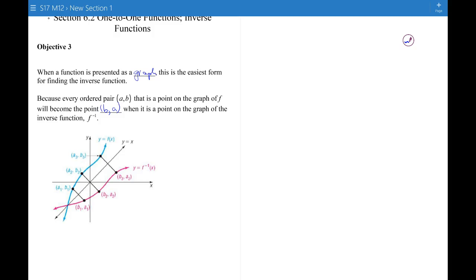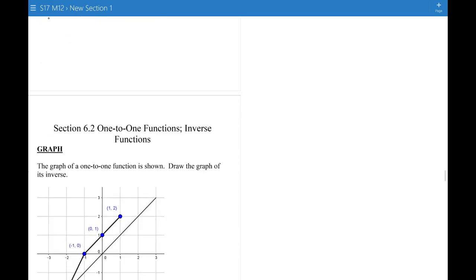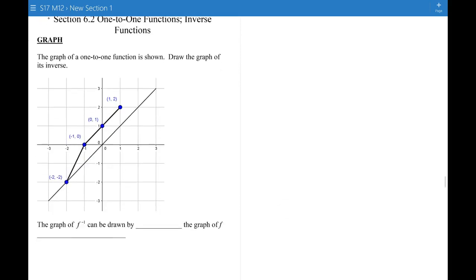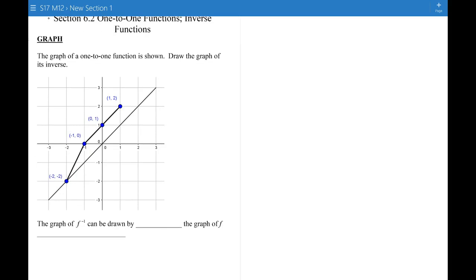So basically, the points reflect about the line y equals x, the diagonal line in quadrants 1 and 3. So every point (a, b) that was on the original graph of function f becomes the mirror image over here, (b, a). They switch places.